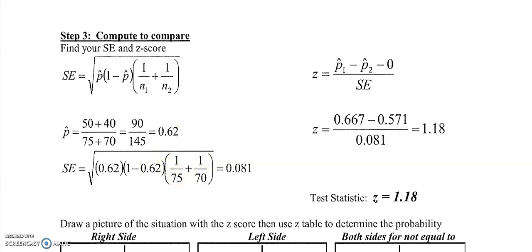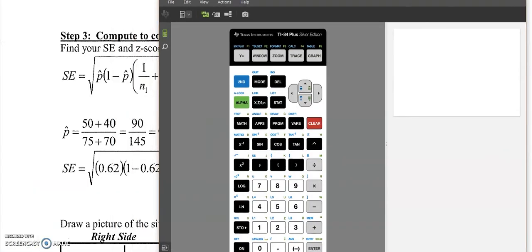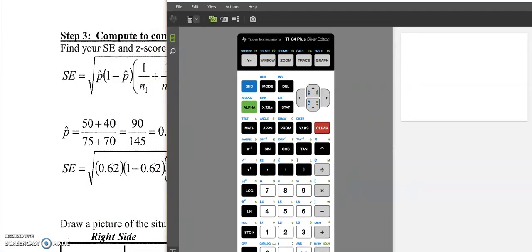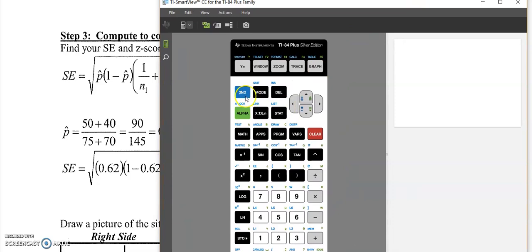So we're going to type that in the calculator. Be very careful typing that in. So we're going to do the square root, second x squared.